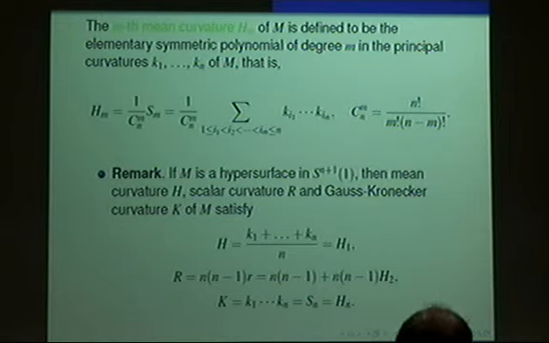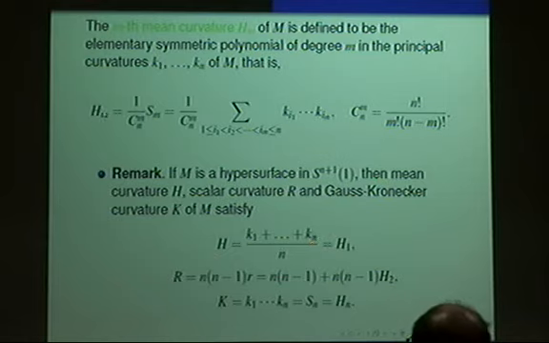From this definition, we know that if m equals 1, we get H_1, which equals H, the mean curvature of the hypersurface. So this is the mean curvature.